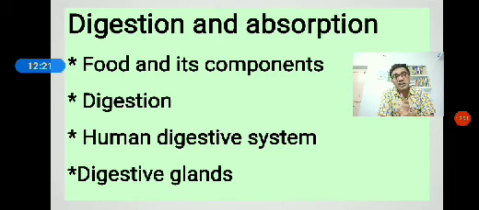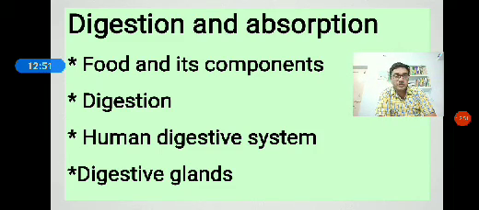In general, digestion is conversion, breakdown. It breaks down or converts complex organic food molecules into simple absorbable form.